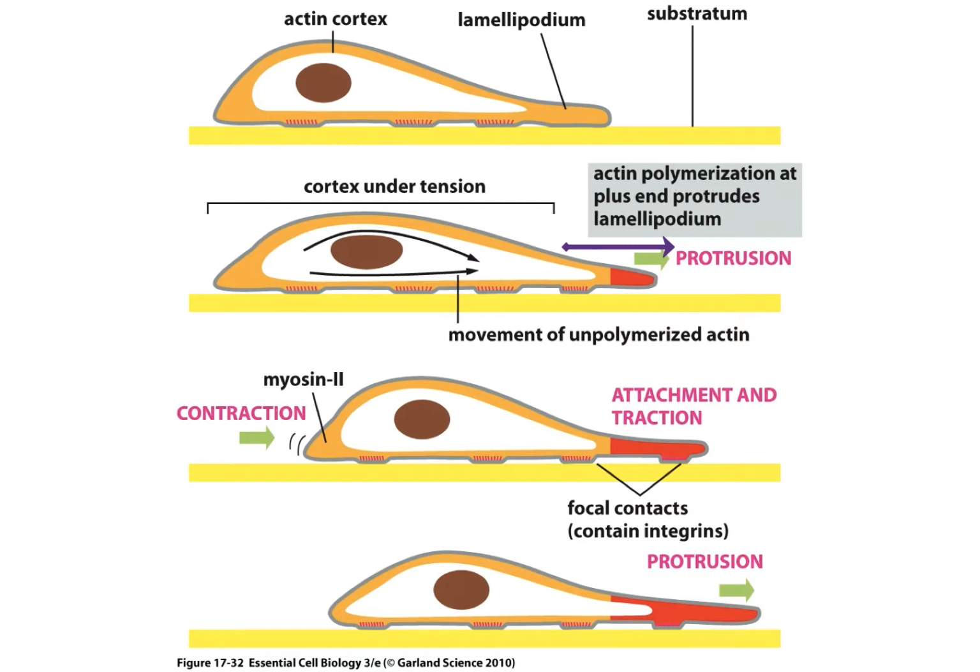It starts pushing out this section with the actin filaments going in one direction, while contracting this end, which is done primarily with myosin attached to the actin. So that's pulling that end. And then it puts down a foot, another attachment to the surface, and keeps moving in that direction, putting down proteins to attach to the surface and then retracting this end. So there's net movement of the cell in that direction.